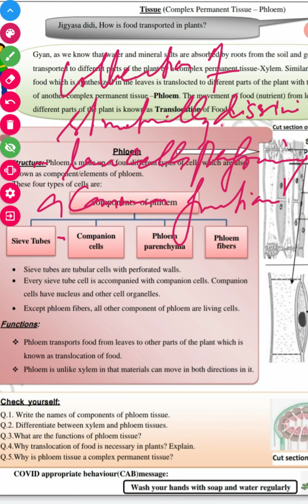And in case of phloem, it functions as follows.